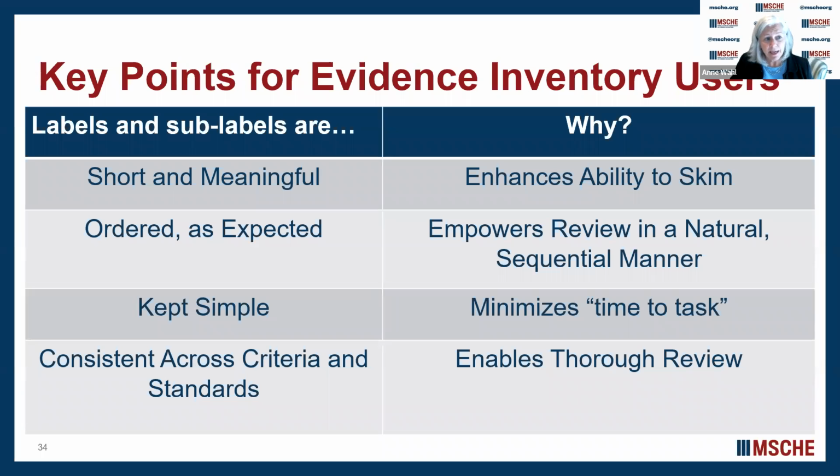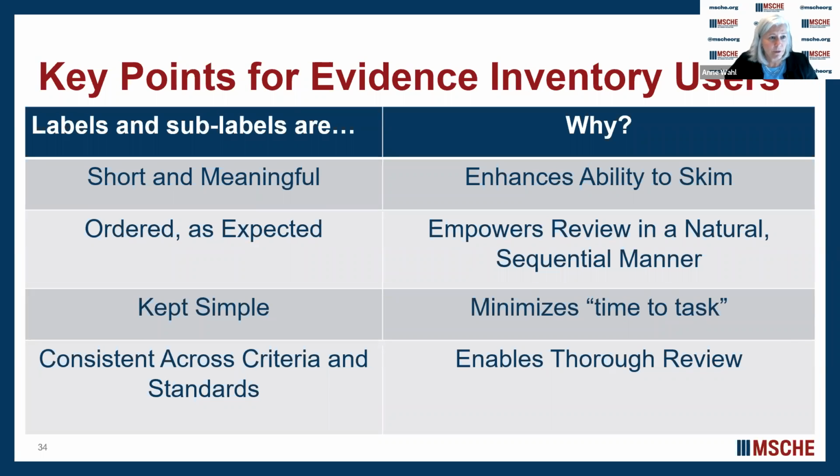And then again, just a refresher, because we didn't say this enough, at the risk of a lot of repetition, a few points are worth really emphasizing. How you label or create your sub-labels. We need really to emphasize this for reviewers: short and meaningful, ordered as expected, keep them simple, and then consistency across criteria and standards.